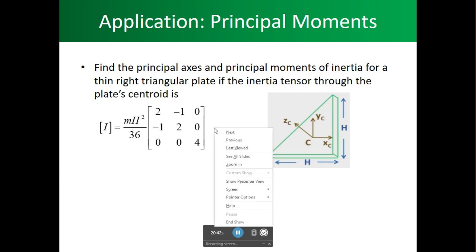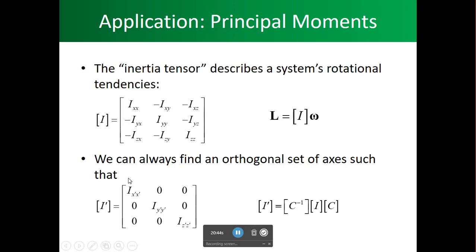That's what we just showed you a second ago. We started here with C inverse times the I, our original matrix, times the C, and it gives us our diagonal. So if you can work that out, and when we come to class, whatever you worked out will be wonderful, and we'll walk you through some of these problems that you are working.